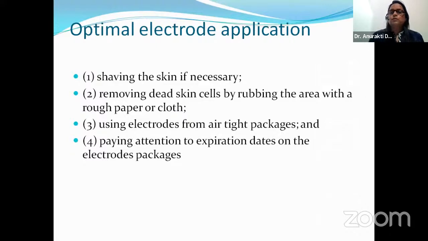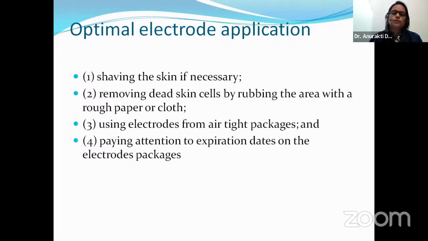So now we come to the basic application: how to apply electrodes. We all know that you have to shave the skin, remove the dead skin cells, and apply the electrodes. They should not form air in between. So there should be a space when it comes off.